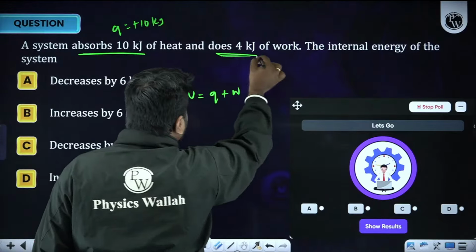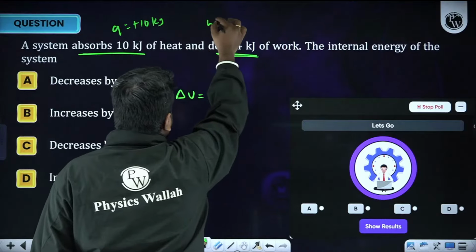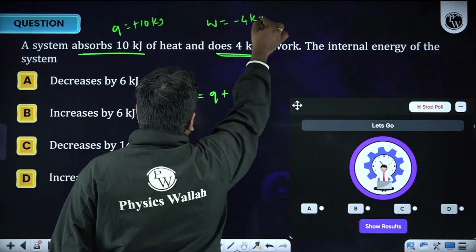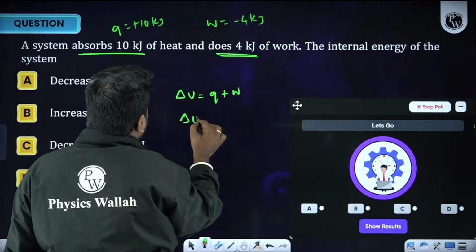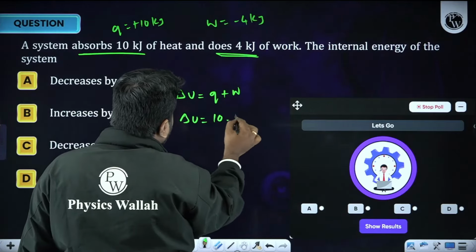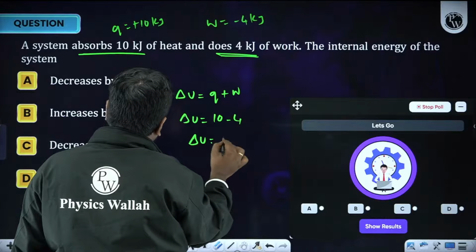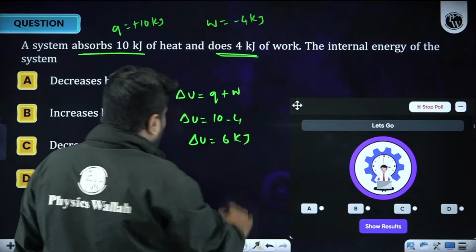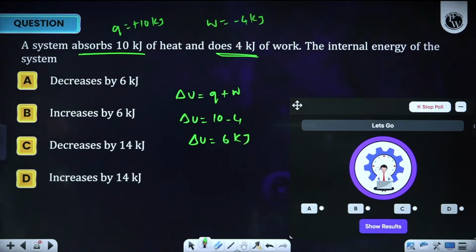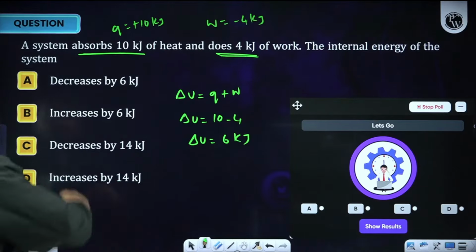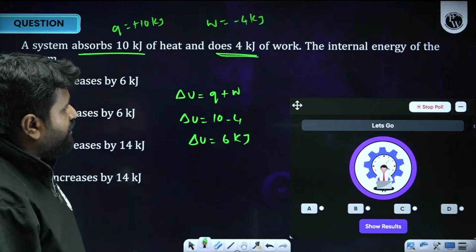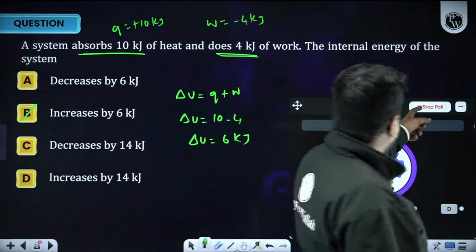Does 4 kilojoules of work. Work is done by the system, so minus 4 kilojoule. So delta U is equal to 10 minus 4. Delta U is equal to 6 kilojoule. Since we have a positive sign, option B is the correct answer.